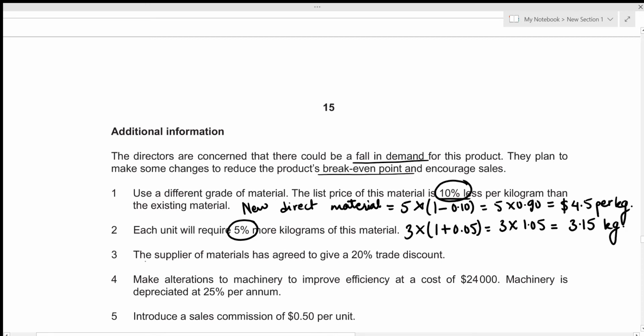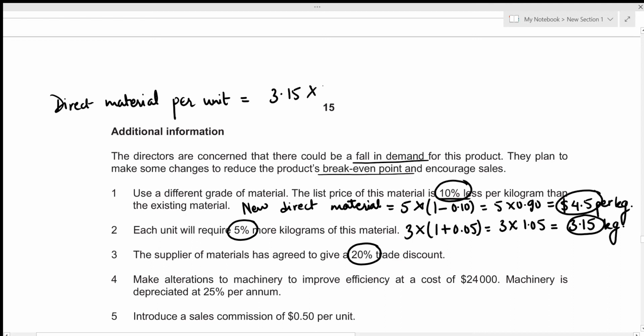Okay. Then the supplier of materials has agreed to give a 20% trade discount, meaning that we will only be paying the remaining 80% of the materials because we are receiving 20% as a discount, right? So let's just figure out the total direct materials cost per unit. So the direct material per unit, we know that each unit requires 3.15 kg of direct materials, right? And then we need to multiply it with the cost per kg of direct material, which we just figured out to be 4.5.